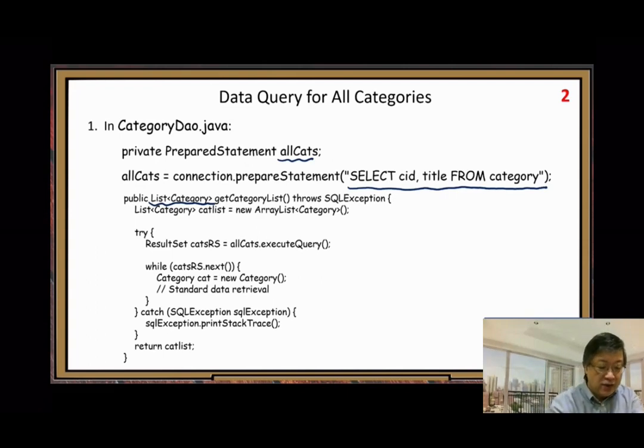Here I skip a few lines because that is the standard retrieval part. I do not need to list all of them, but in my instruction file, I have all the details. You can just copy and paste.